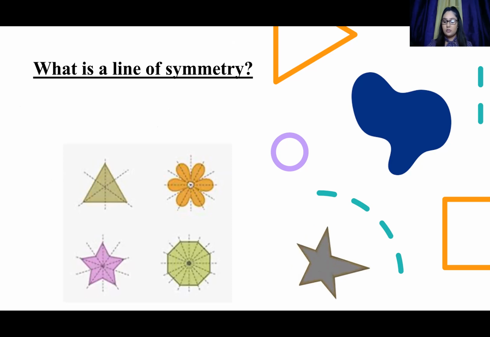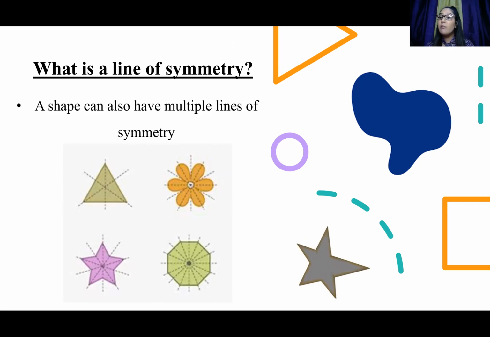Look at these shapes. A shape can have multiple lines of symmetry. So look at the examples here that we have. This triangle has three lines of symmetry. This star also has a number of lines of symmetry. The flower, you all remember that we did flowers in the previous class, in the science class. We did parts of the flower as well as the national flowers from different Caribbean islands.